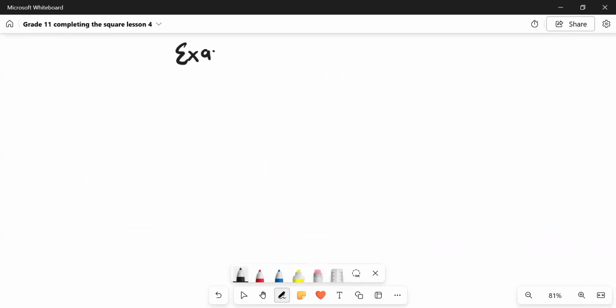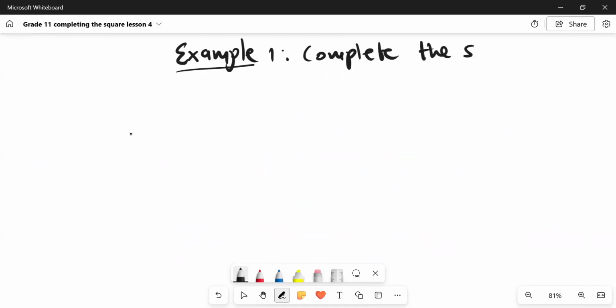So for example one, they're saying complete the square on, and then they're giving us the expression there, which is x squared minus 6x plus 7.